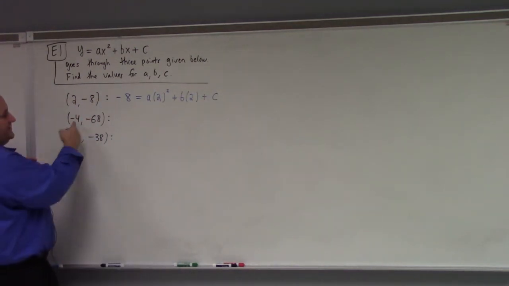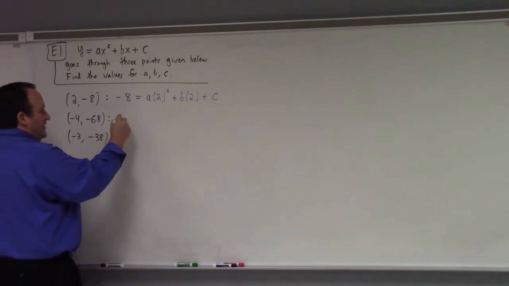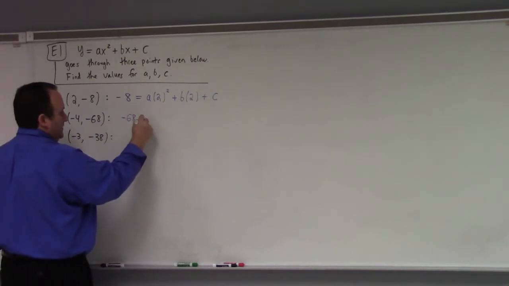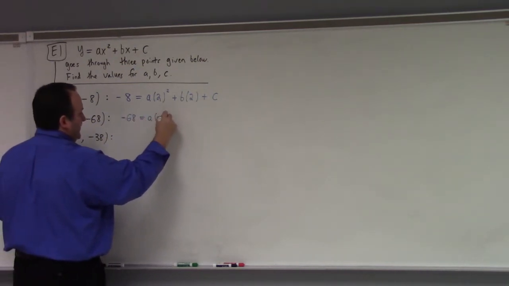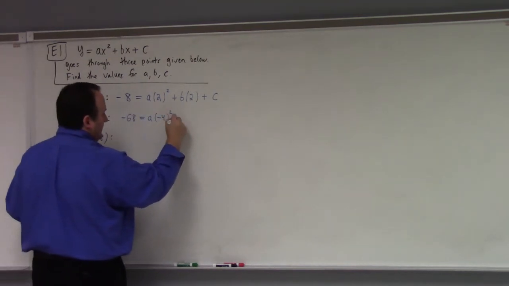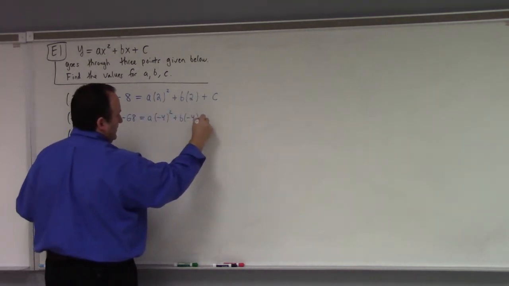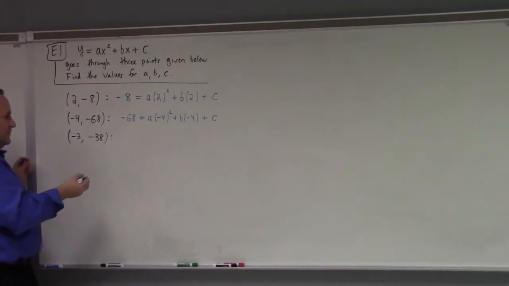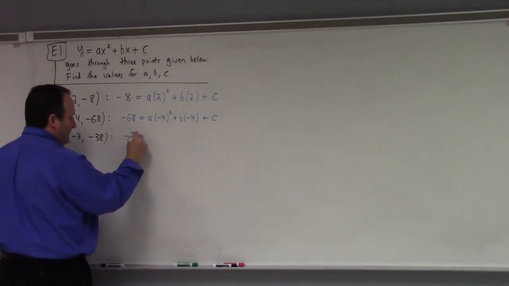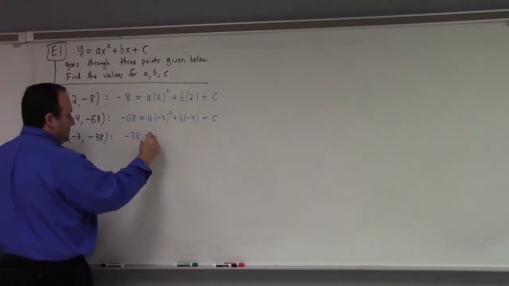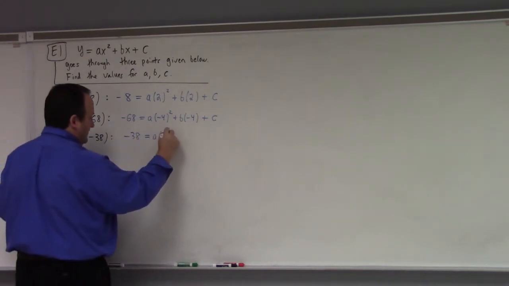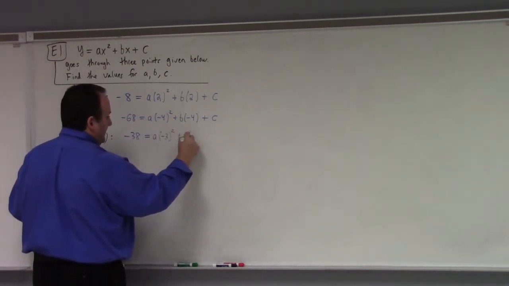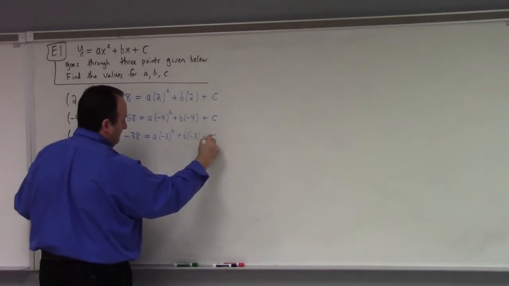The next point gives me -68 equals a times (-4) squared plus b times -4 plus c. And the third point gives me -38 equals a times (-3) squared plus b times -3 plus c.